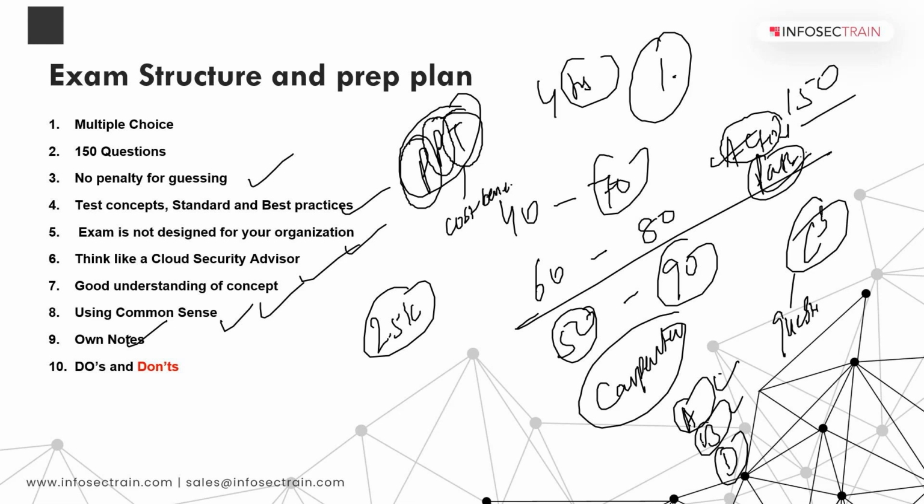What is portability, and if an incident happens, how you are going to respond. All these things you have to visualize. Visualization will help you and give you confidence to clear this exam.